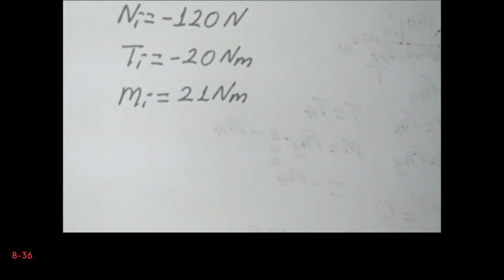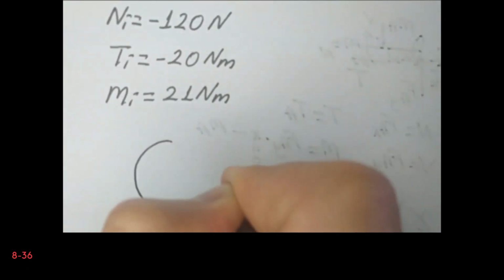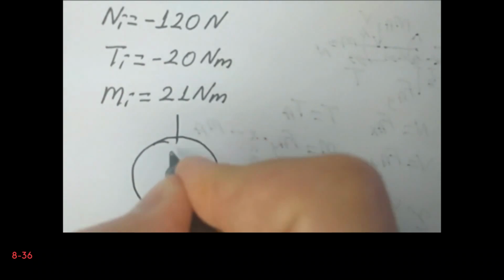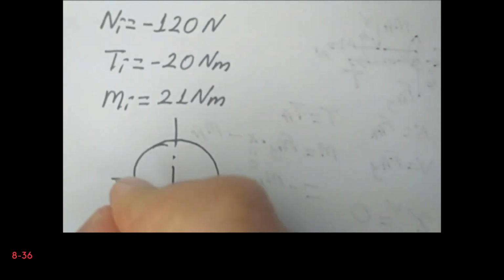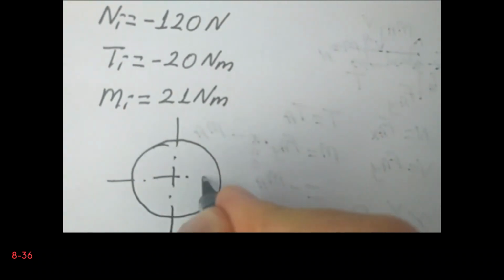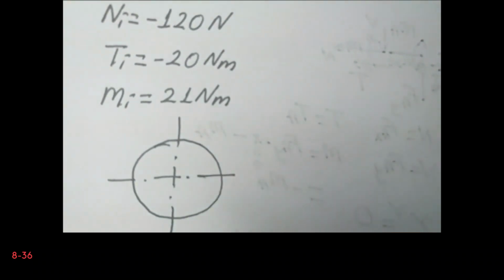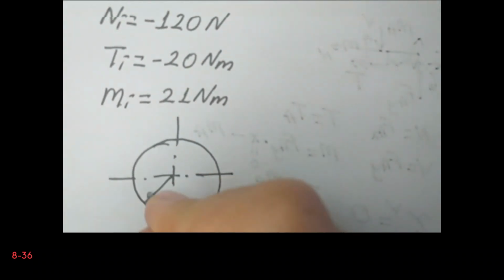Okay, now let's draw the cross section. So this is our cross section. For this cross section we have the radius r. So it is symmetric.